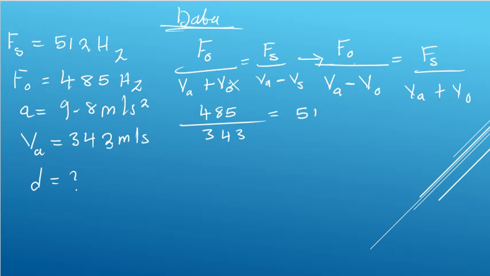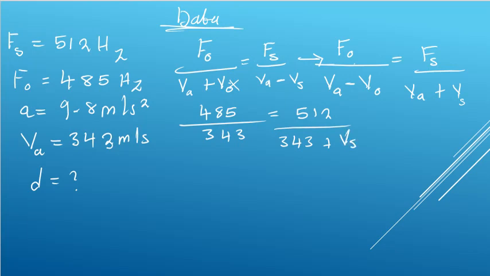It's 512. Then of course the velocity of sound in air is 343 plus, we have not been given the velocity of the source. We have not been given the velocity of the source, but probably that's what we're looking for. That's what we want to find.